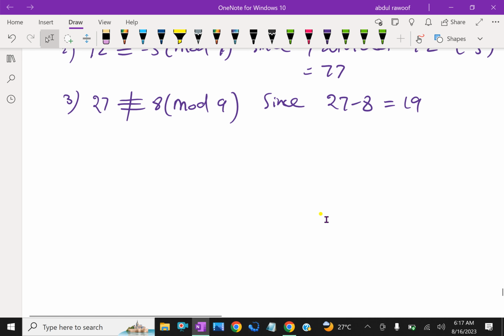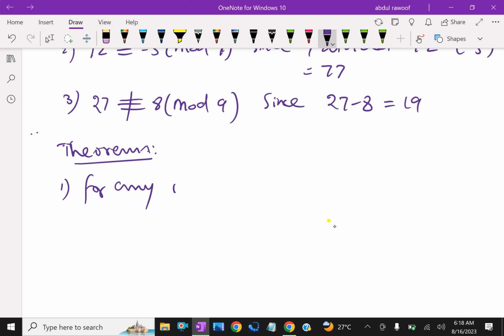Now some theorems we can look at. First one: for any integer a, we have a is congruent to a mod m.